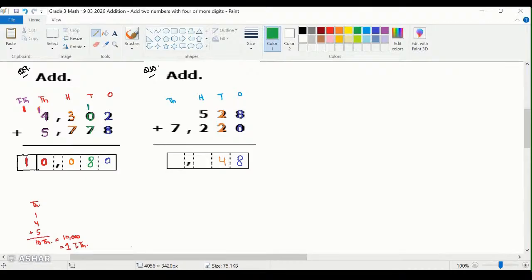For hundreds, 5 plus 2 would be 700s. And for 1,000, 7 comes as it is. Perfect. Thank you, Precious. 7,748. Okay.